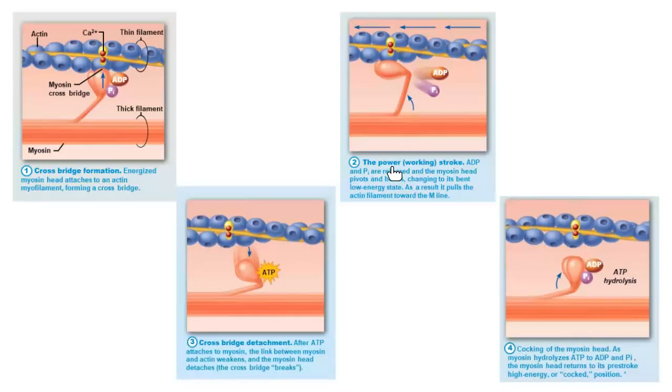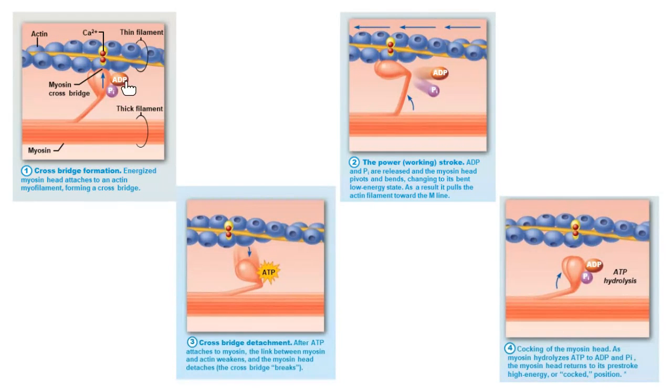Second step, called the power stroke. The power stroke is where we actually see movement. So see my little arrows? What causes us to have movement is now that myosin is attached to actin, myosin says, I don't need these things anymore.